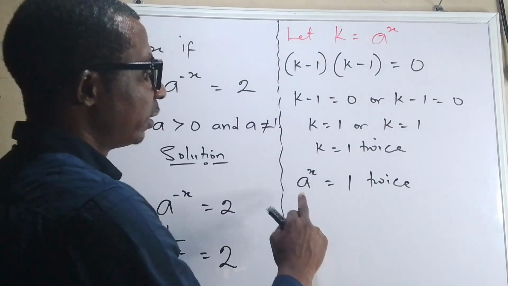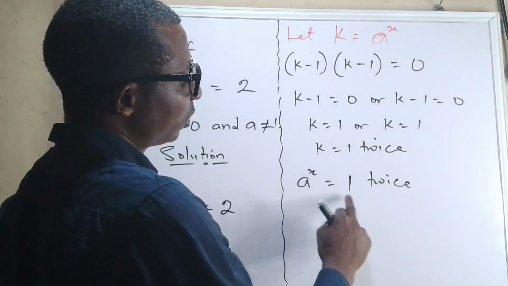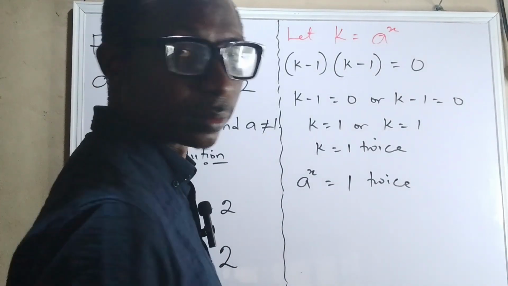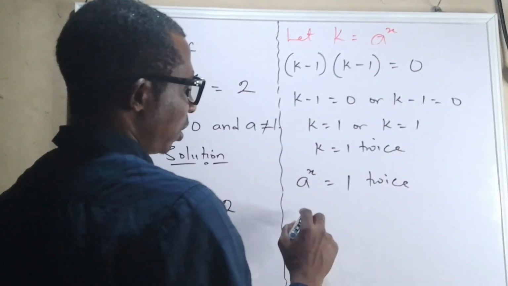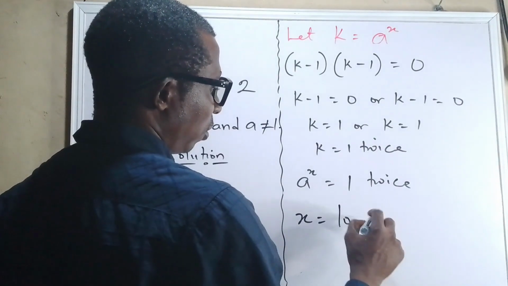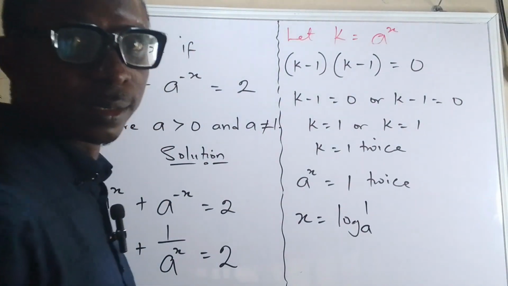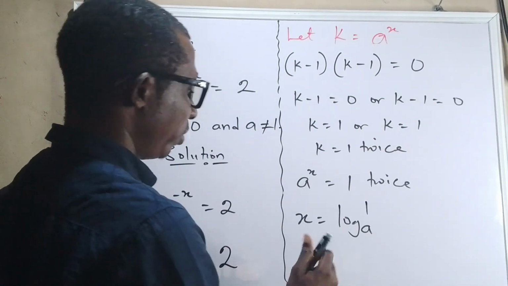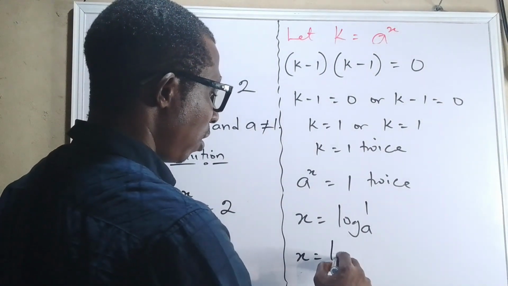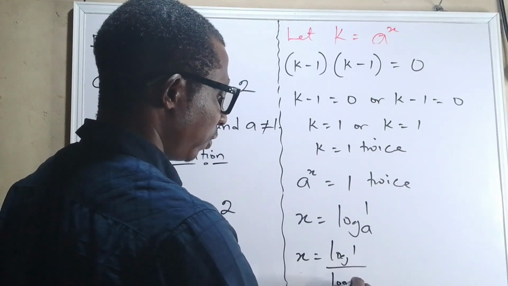Alright? This is an indicial equation. So you turn this to a logarithmic equation. So this turns to x equals log of 1 base a. Right? So now x will be log of 1 over log of a.